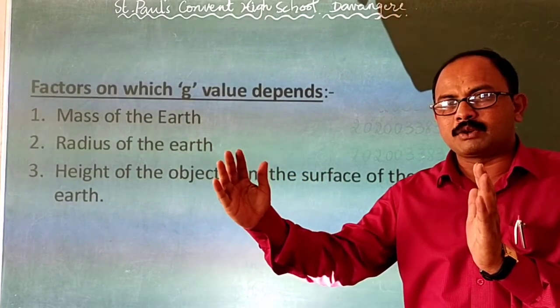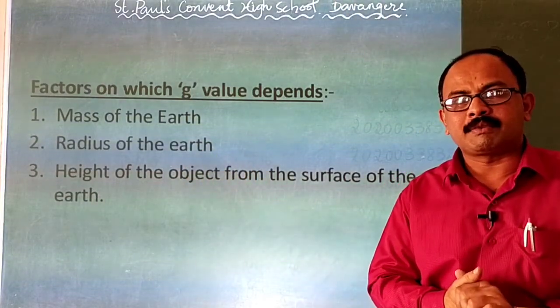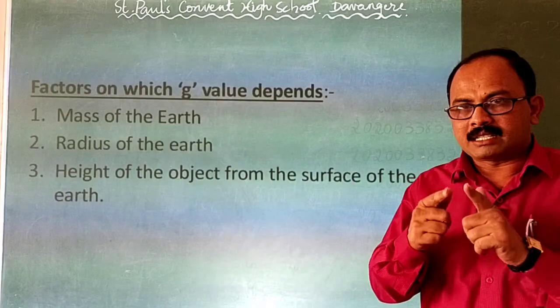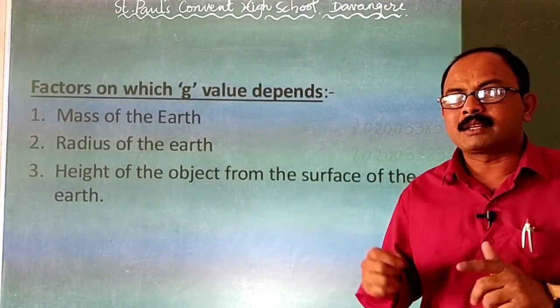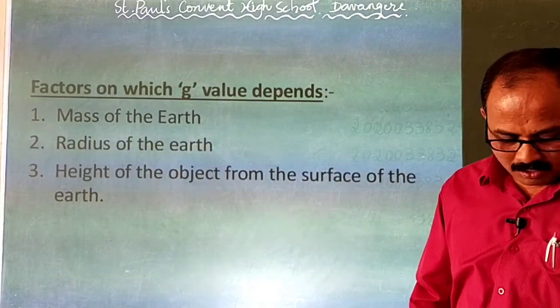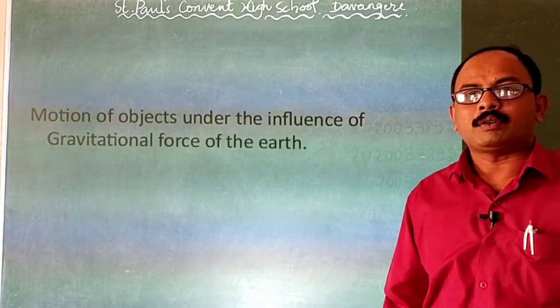Astronauts find zero acceleration when they move certain distance away from earth's center. Because of its distance, as the distance increases, the acceleration due to gravity decreases. These are the three factors on which acceleration due to gravity depends.